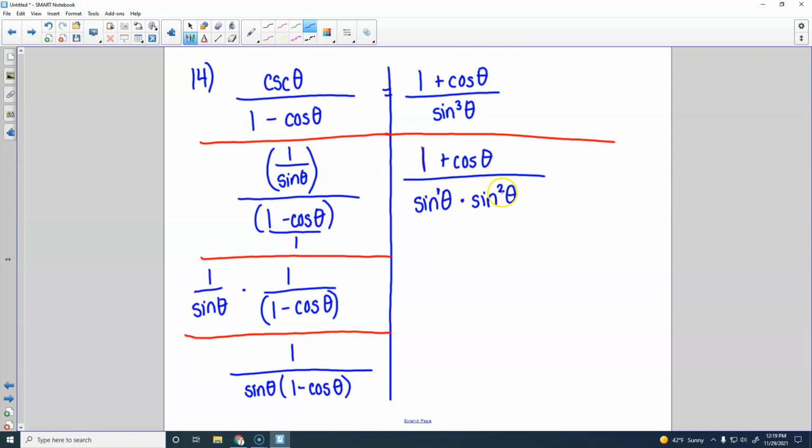If I multiply it by 2 here, it'd give me 3 altogether. So I can sort of break those apart. So that sine squared, I can change it to 1 minus cosine squared. So that will look like this.